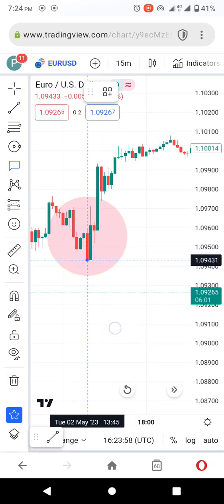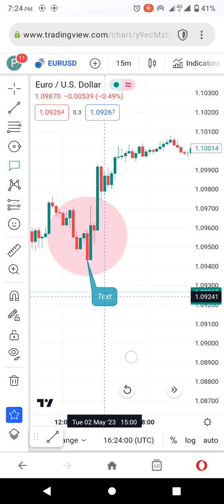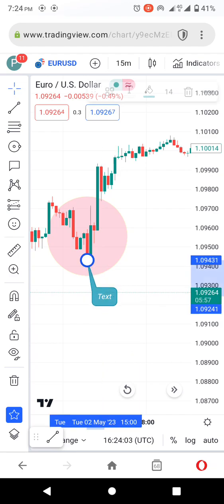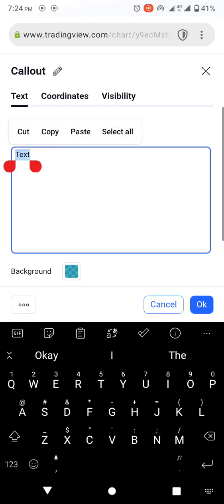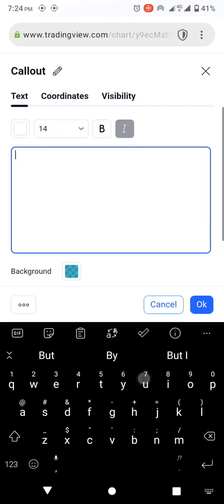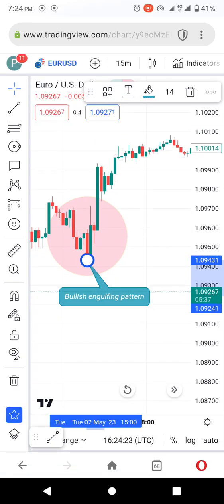So first of all, we come there and then we call out this candlestick. The name of that candlestick is called the bullish engulfing pattern.